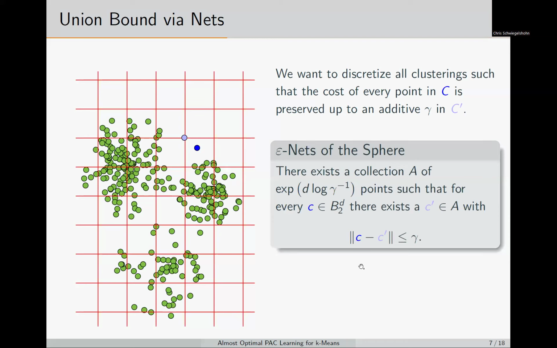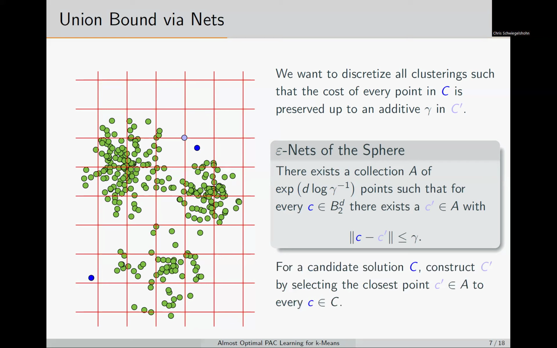The way that we now obtain a net analog for clustering is, given a candidate set of K centers, capital C, to apply this discretization idea for each center individually. So this point here is now represented by this center. This point here is represented by this center. The assignment does not have to stay the same.